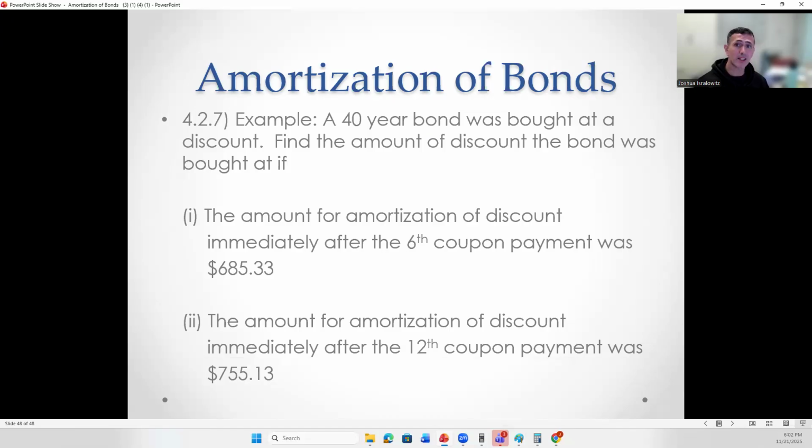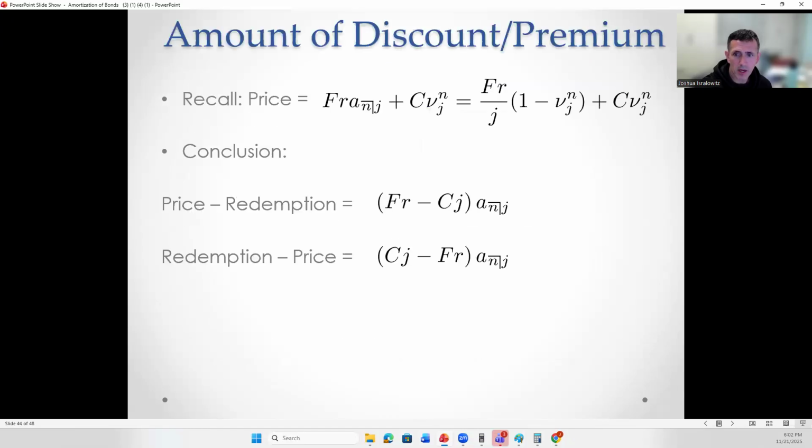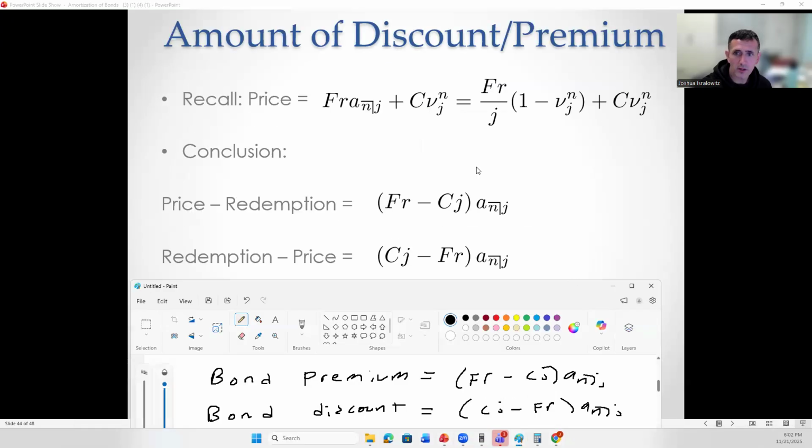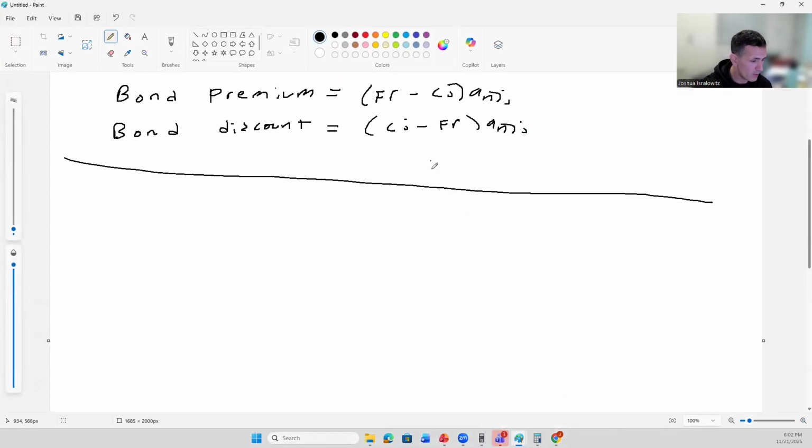And we're given the bond is bought at a discount, so assuming it's bought at a discount. All right, so let's first write what we're trying to find. Trying to find the amount of discount that the bond is bought at. So this exactly is what you're trying to find. You're trying to find exactly this quantity.